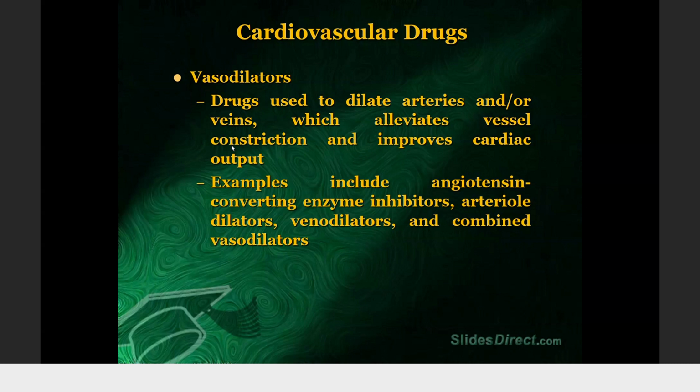The venous system pulls the blood from the area around the body back to the heart. If you have poor venous circulation, you use these vasodilators to restore the circulation back to normal.